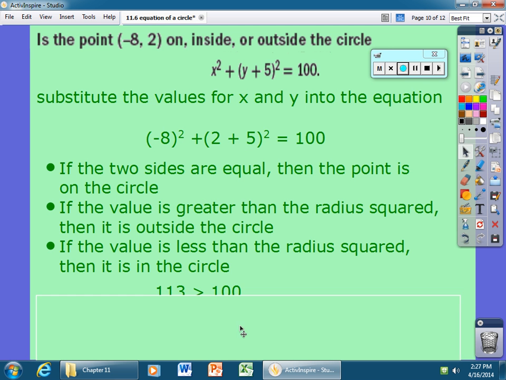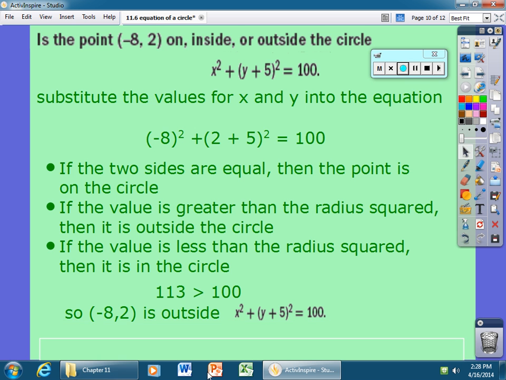So if I finish doing this, I find this side to be 113, and of course this side is 100. 113 is greater than 100, so it falls into this one. If the value is greater than the radius squared, then it's outside the circle. So the point (-8, 2) is outside this circle that would have this equation.